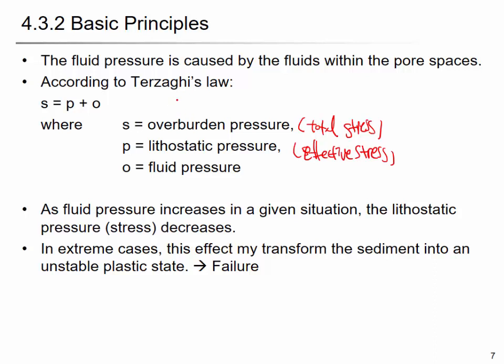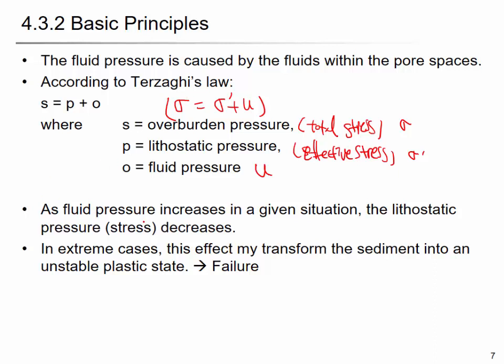This is basically the same as sigma equals sigma prime plus u. Here sigma prime is the effective stress, the total stress is sigma, and the fluid pressure is u. In geotech or soil mechanics we use this symbol, and here in geology they use a different symbol. The concept remains the same.